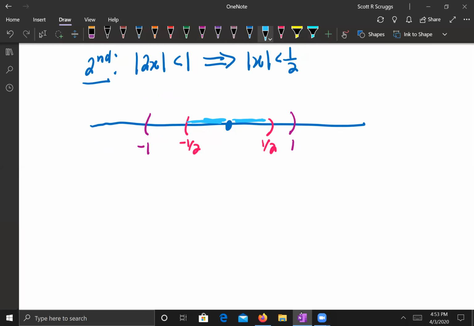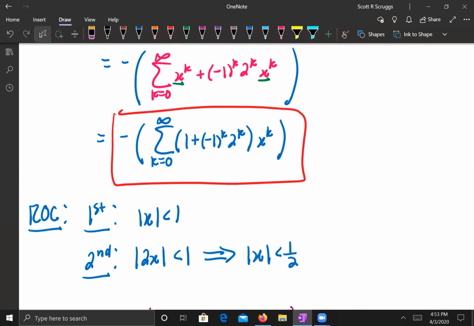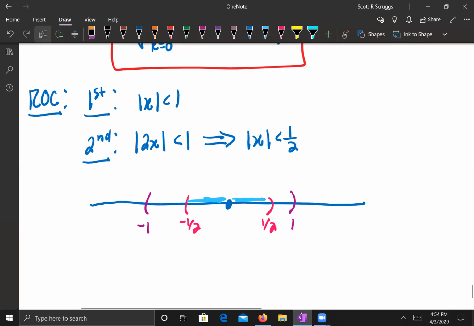The reason why I'm choosing the smaller one instead of the larger radius of convergence is because I'm combining two power series into one. I want to guarantee that both series are convergent, and the way that I can guarantee that is if I choose the smaller radius of convergence.